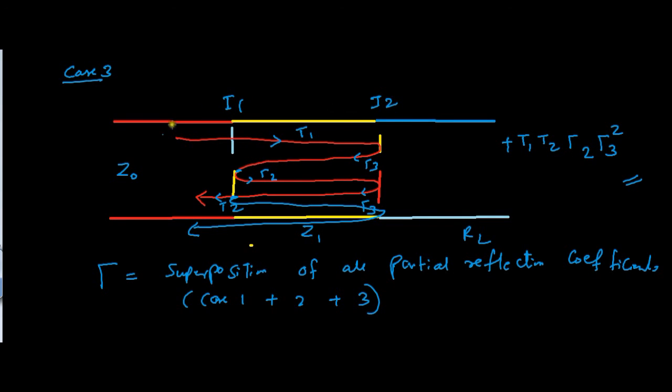So these all reflections add to 0, thus making sure that the total reflection coefficient will be 0 in the steady state condition, such that all the power will be delivered to the load RL. So this is the detailed lecture of quarter wave transformer. We have analyzed with the help of multiple reflection viewpoint.